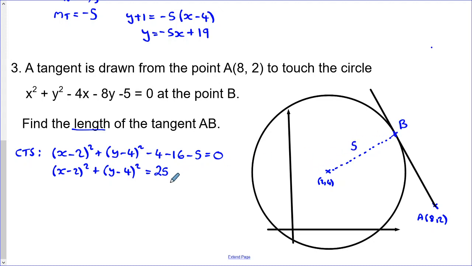And we know from here that the length of that line is 5. We know this is a right angle, one of the properties we mentioned earlier. Radius and tangent meet at a right angle. And because I have this coordinate and I have this coordinate, I can work out, using Pythagoras, the length of that line. So using Pythagoras on this triangle here.